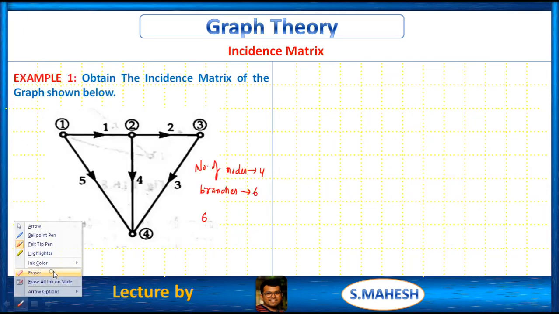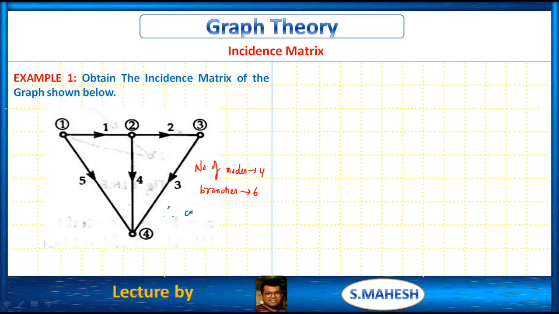Therefore, the class of the matrix is n by b, which equals a 4 by 6 matrix. We have to get a 4 by 6 matrix.